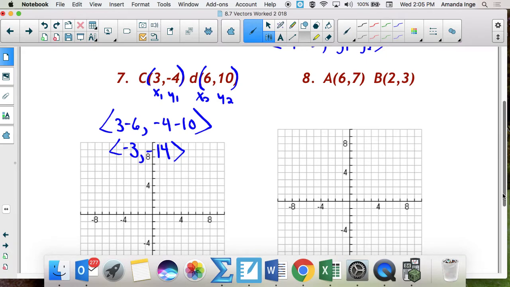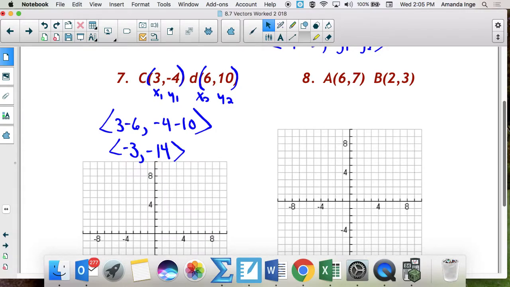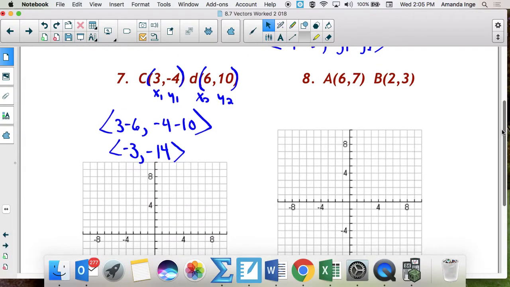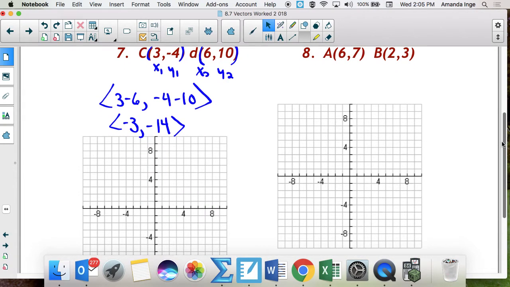So let's talk about what's happening here. We got the point 3 and negative 4. That was C. And we have 6 and 10.